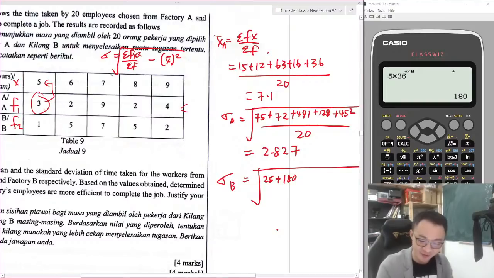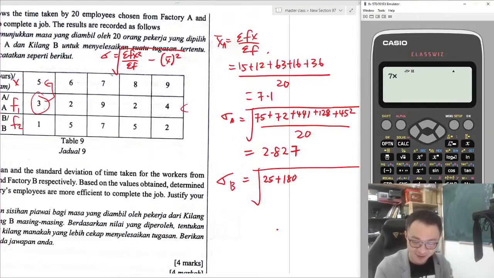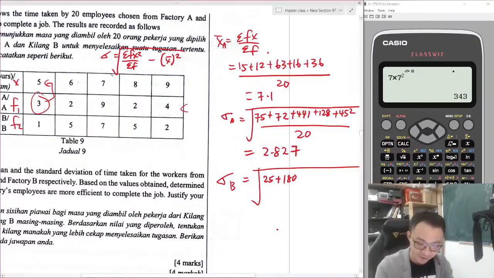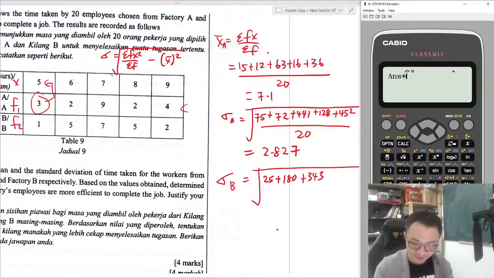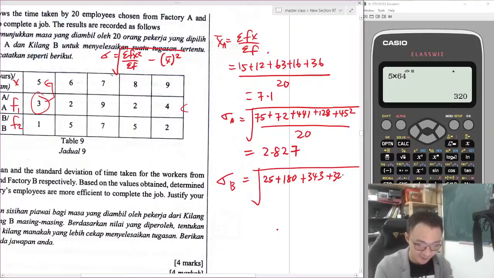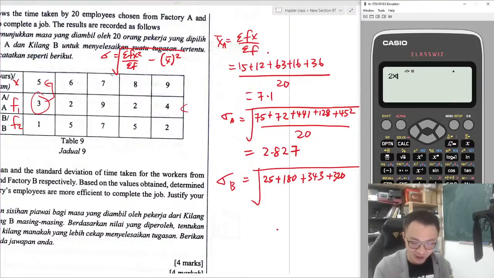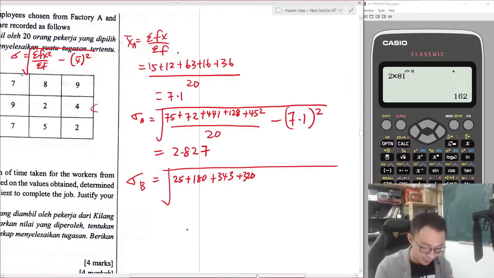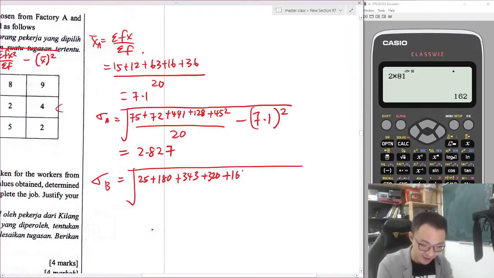Then 7 times 7 squared, 343, plus 5 times 64, 320. And then 2 times 81, okay, 162, plus 162 divided by 20 minus mean square.